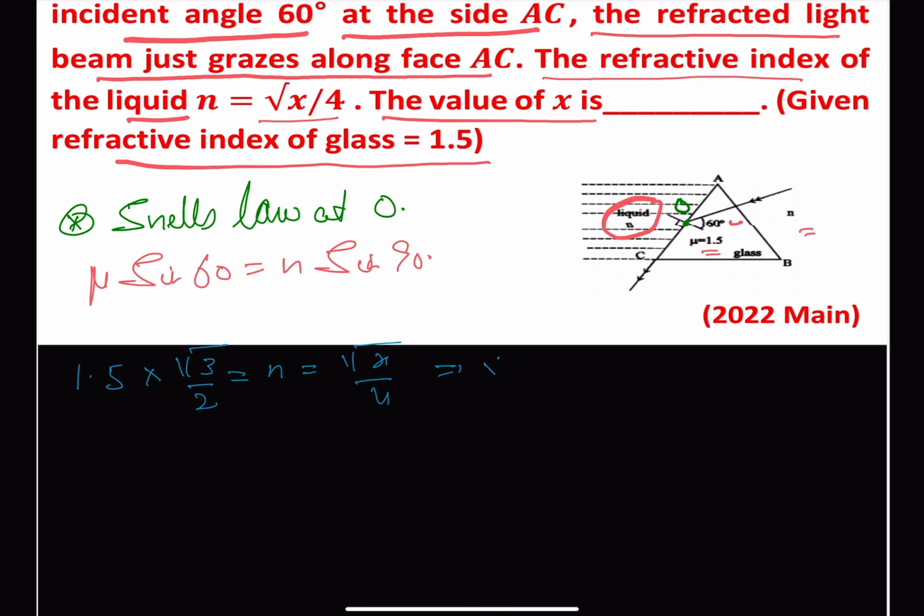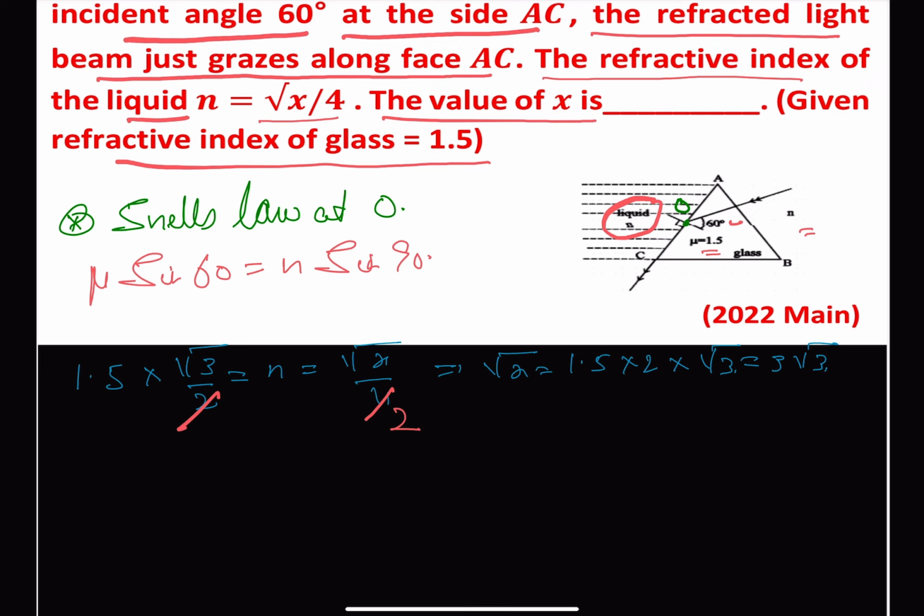So square root of x will be equal to 1.5, and we can just cancel out, this goes by 2, and we get 1.5 multiplied by 2 and multiplied by square root of 3, and this comes as 3 square root of 3.